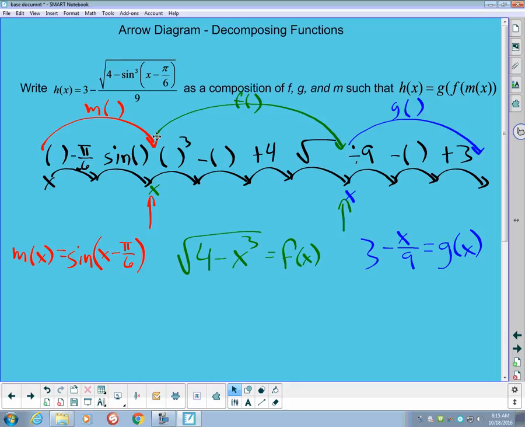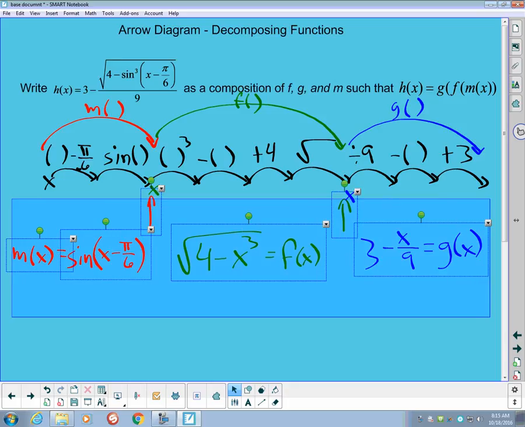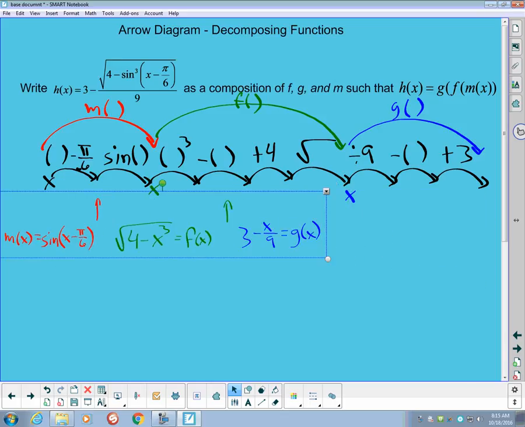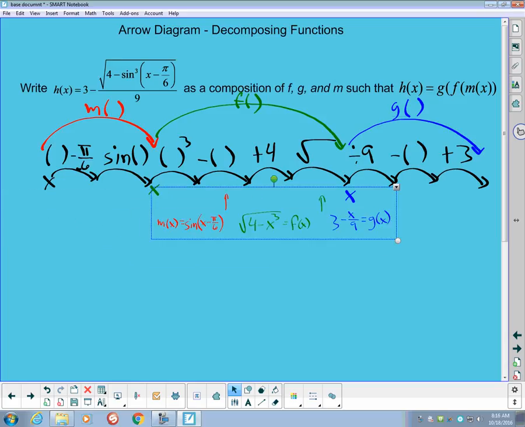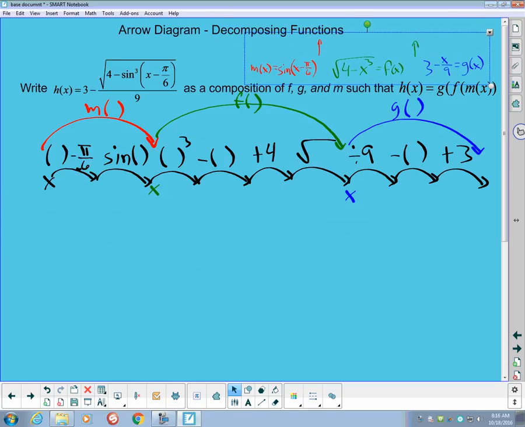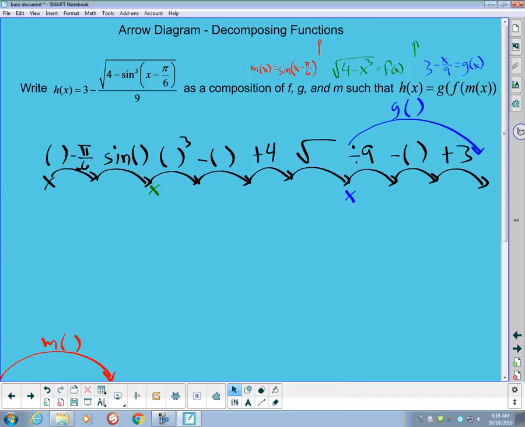Let me move some of this stuff out of the way here. Put that together, shrink that down a little bit. We'll just kind of keep that one up there, and probably move these out of our way for the time being. And we could make our breaks in different places.